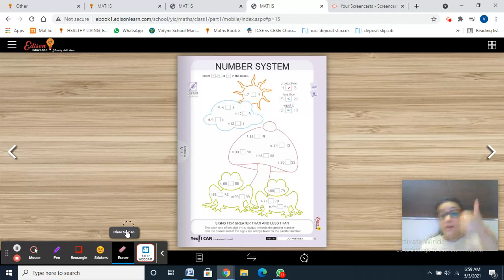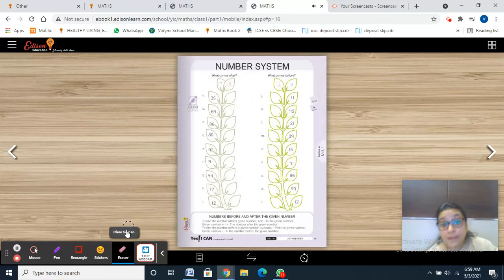So whenever we are talking about before and after, backward counting or before means minus 1. Forward counting or after means plus 1. So whenever we are talking about after, you have to do plus 1. And when we are talking about before, that is minus 1.